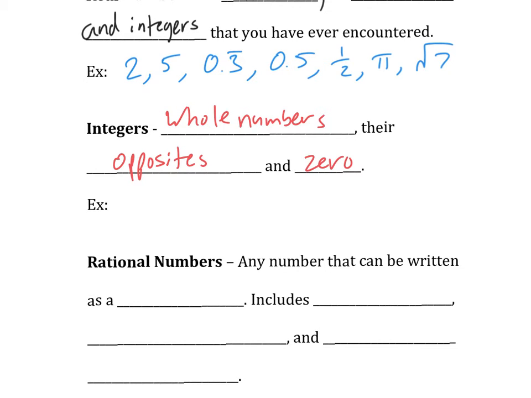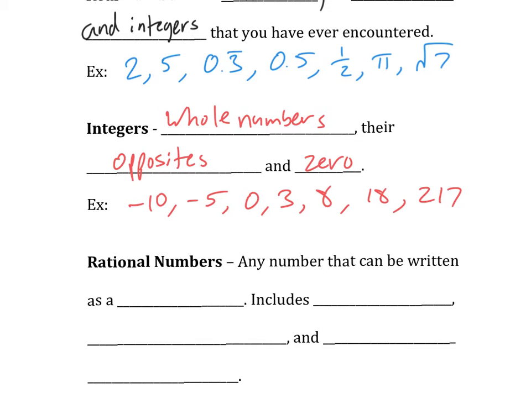So integers are all of our whole numbers, those are our counting numbers, like 1, 2, 3, 4, etc. Their opposites, so the negatives, -1, -2, -3, etc. And then also 0. For example, we have some negatives, like -10, -5, 0, 3, 8, 18, and 217. All of those numbers are integers.